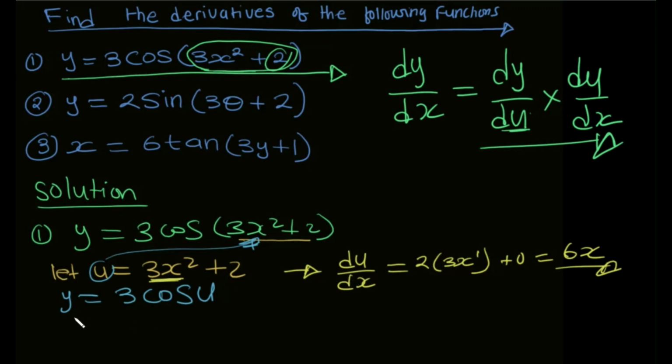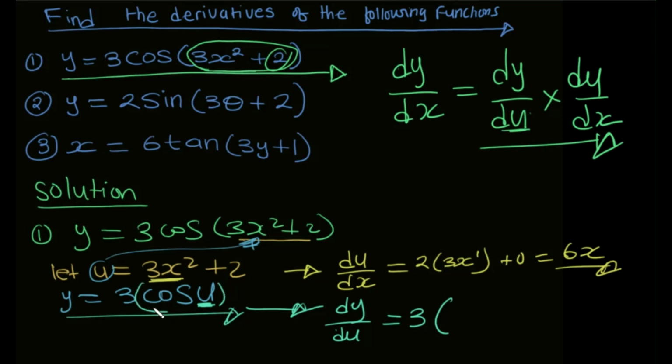And let's find the derivative of this one. This becomes dy/du, because the variable now is u. dy/du is equal to 3. I'm just taking the constant out because the derivative of a constant is 0, but in this case the constant is not alone, so we can separate it, work with the function inside, and then multiply the constant back in.